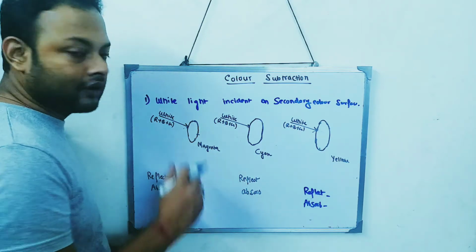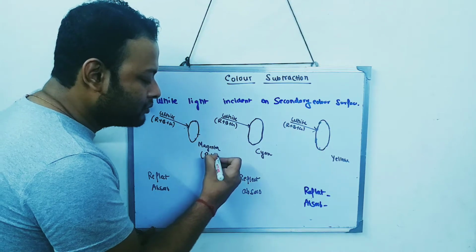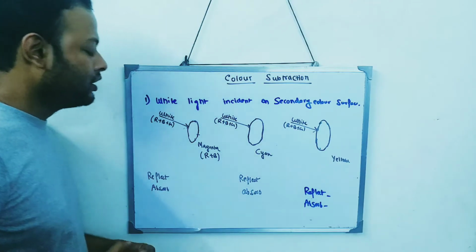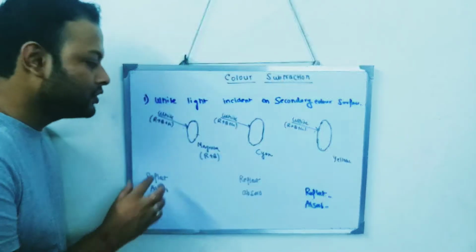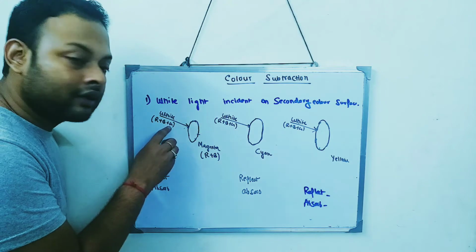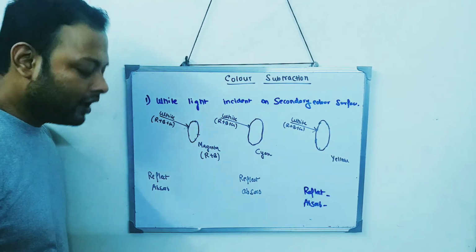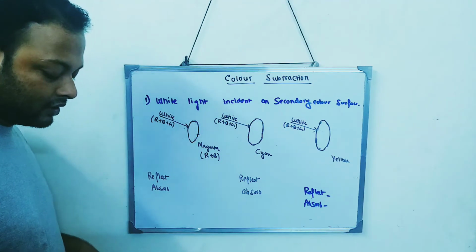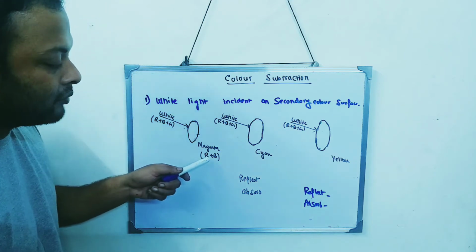Now magenta. What is magenta actually? Magenta is nothing but red plus blue. Now see, this white light is coming towards magenta. Means what? Red, blue and green light is coming towards a red and blue surface. The surface will only reflect those colors. So the surface sees, I am red and blue.